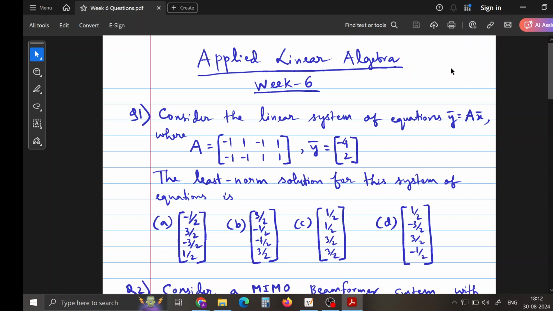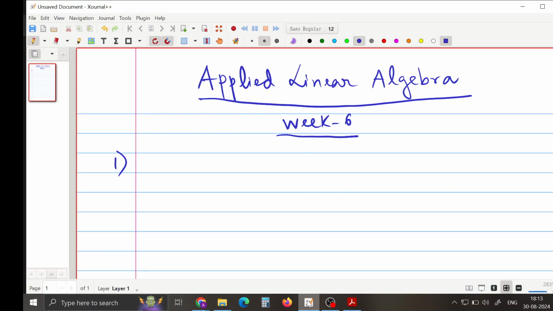But had it been a tall matrix in which there are more rows than columns, then we would have gone for the least squares solution. And you can obviously guess that for the case of a square matrix, both are essentially the same. I mean, least norm and least squares, both are the same. We have seen the formula for the least norm solution, so we'll simply solve for that. Feel free to interrupt me if there is any doubt, anything is not clear.